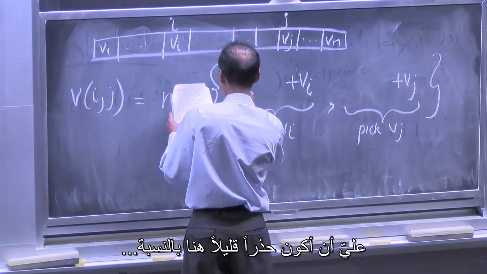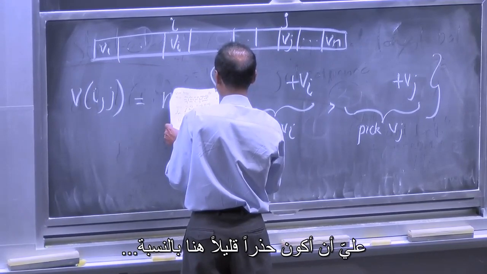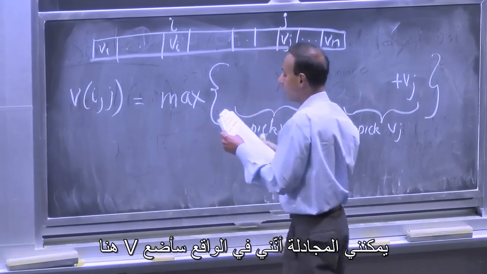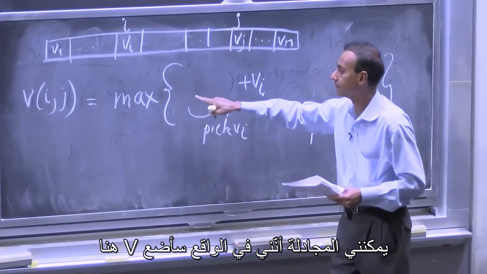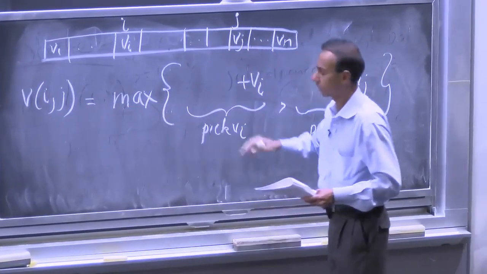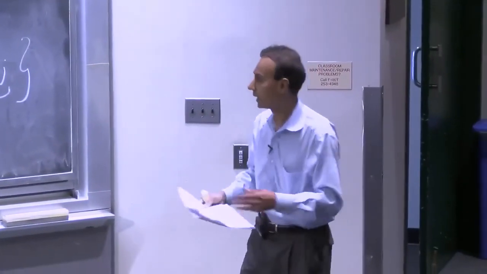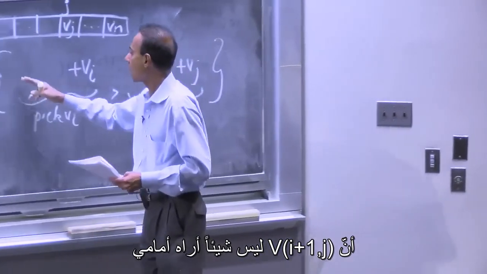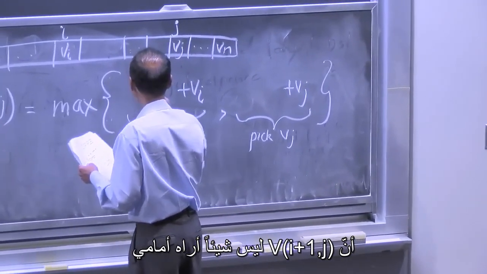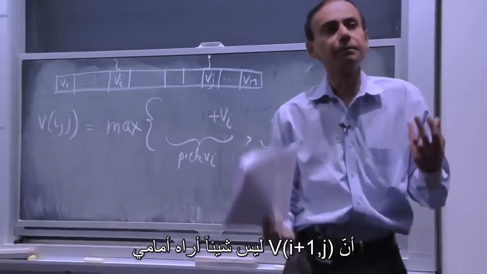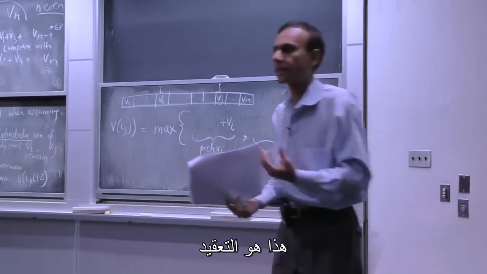I have to be a little careful here in terms of whether I can argue that it's actually the V that I put in here. The subtlety here is simply that V i+1,j is not something that I see in front of me. This is the complication.